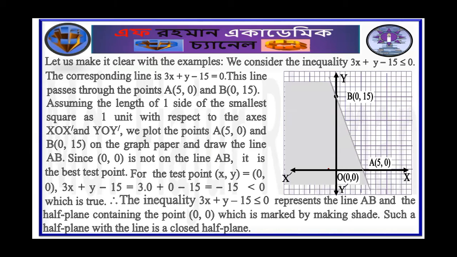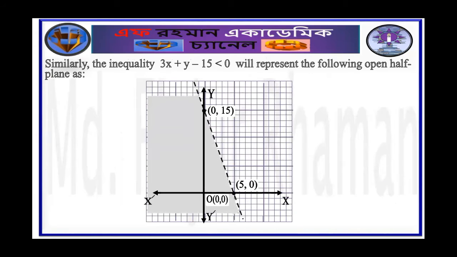Similarly, we can represent the inequality 3x plus y minus 15 less than 0 as in the following open half plane. This is very much important to remember. Since it is strictly less than 0, that's why the straight line is excluded from the graph and the line is presented by dashes, or it is a dashed line.